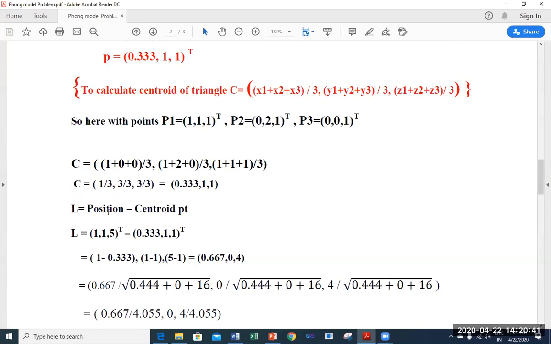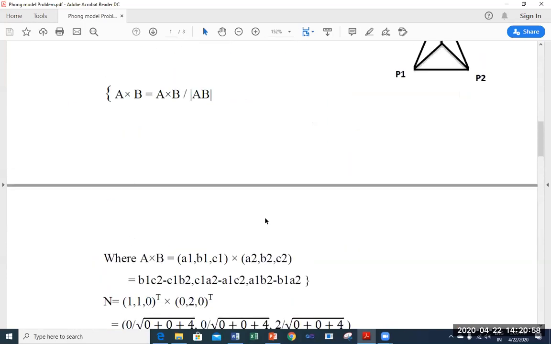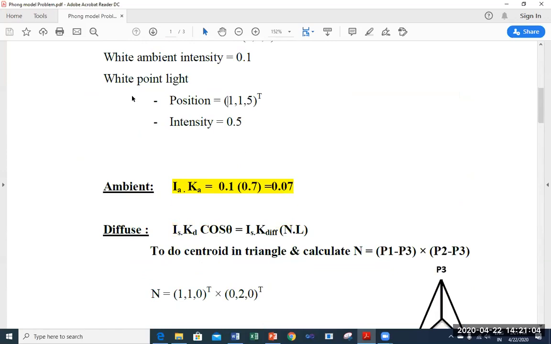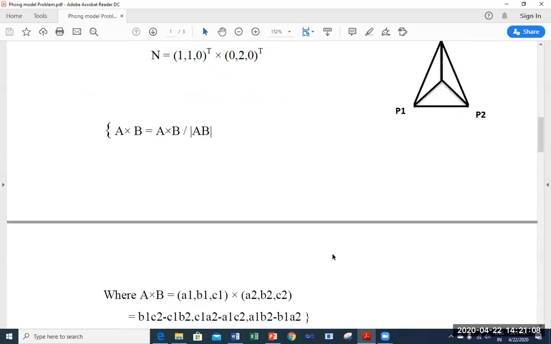Position of the particular surface minus centroid point, so you will get the light source value which hits on the surface. So here the position vector value you know, which is 1 comma 1 comma 5, which is already given, as they mentioned white point light, right?